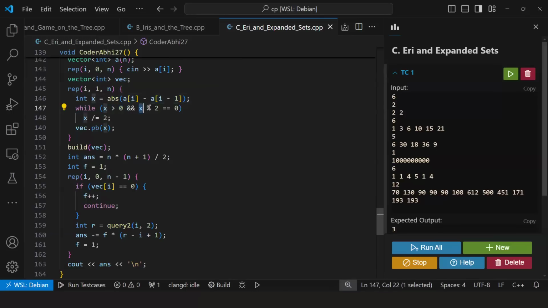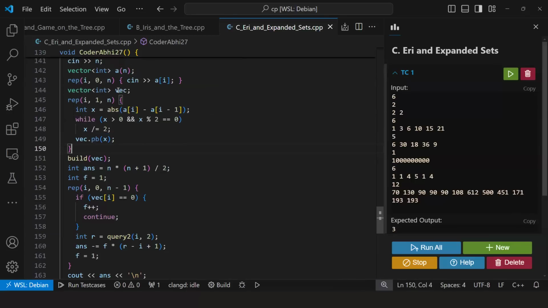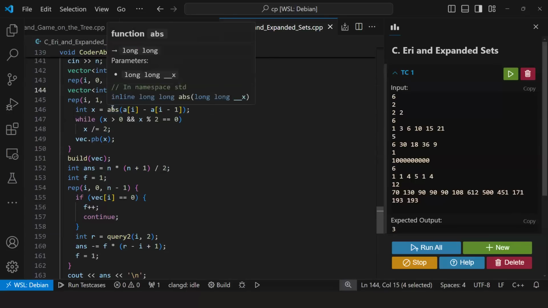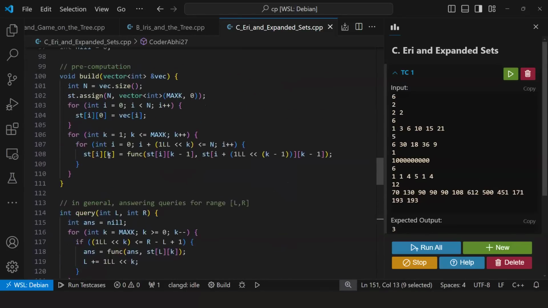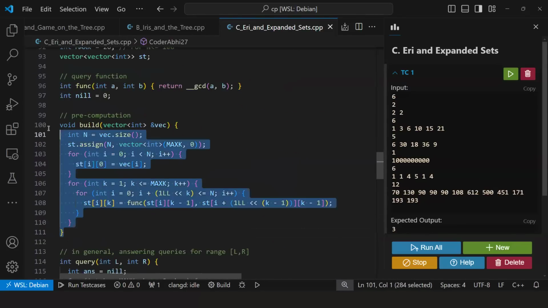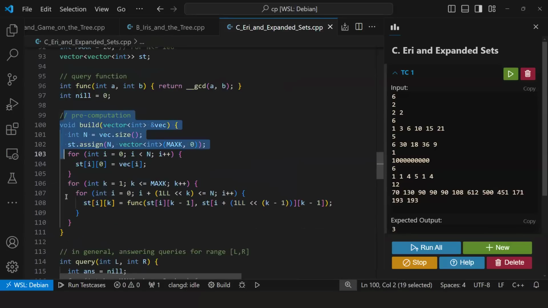If this is greater than 0 and its mod 2 is equal to 0, if there is some factor of 2 in it, I divide by 2. This way I removed all the factors of 2 from it and pushed that value into my vector. So this is my new vector in which I'll apply the queries of my sparse table. So I build my vector. Here I've written the functions of the sparse table. This is the build function of my sparse table, the pre-computation thing.